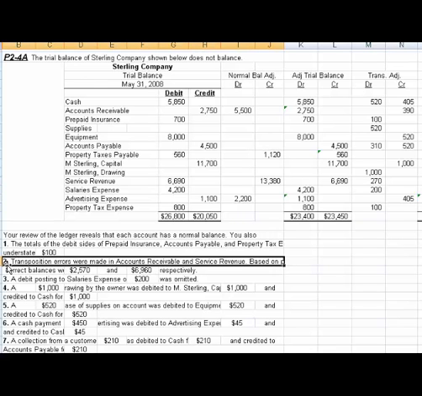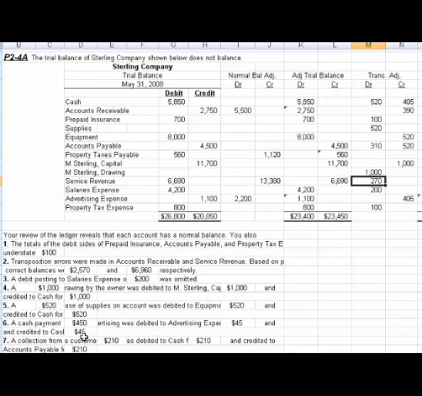There was a transposition error in service revenue based on the correct balance of $2,570 in accounts receivable and $6,960 in service revenue. Now over here we already corrected for that, and the $6,960 versus the $6,690.